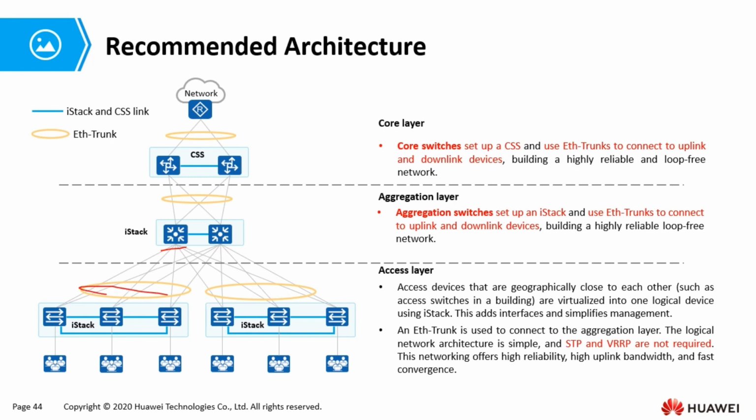Then you Eth-Trunk your upstream and downstream devices and build a more reliable loop-free network. At your access layer, you can also apply iStack on your access switches, so that you do not need to enable STP and VRRP, the Virtual Router Redundancy Protocol. This will offer you high reliability, high uplink bandwidth, and fast convergence.